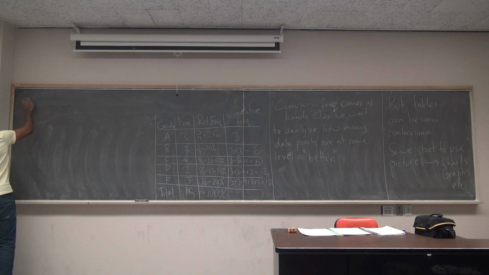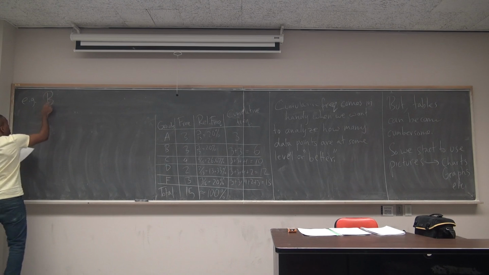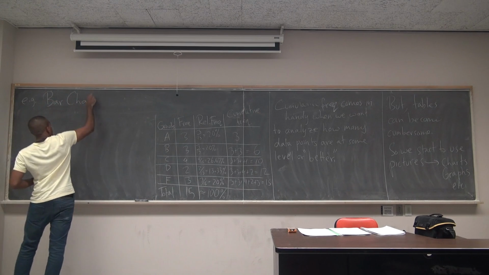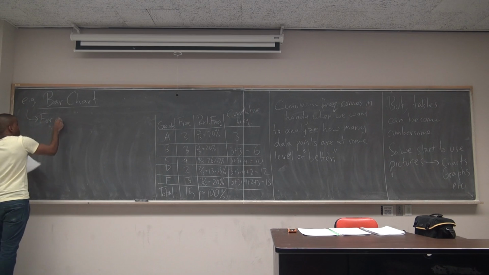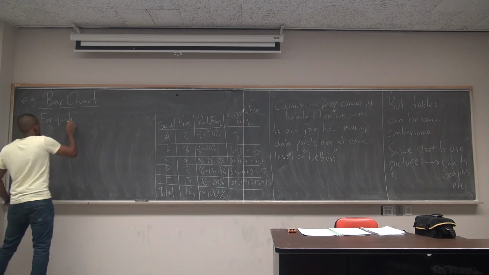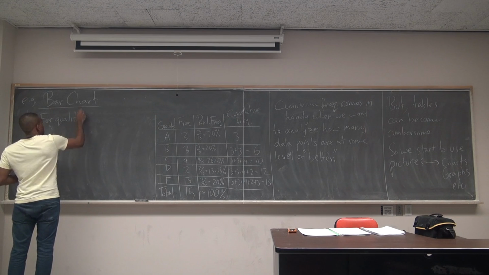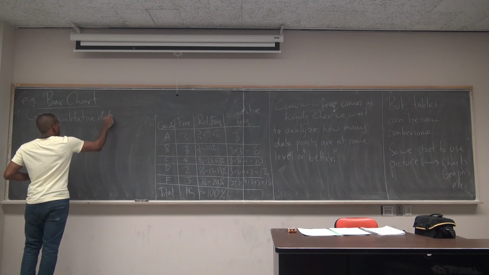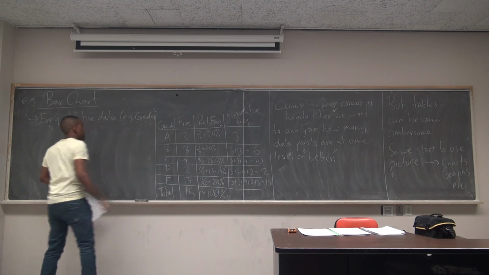So examples of some graphs, which we will be drawing in this class, so if you pay attention to it, is a bar chart. This is for qualitative data. There's another thing called a histogram, which you usually use for quantitative data. Example, grades. It's a kind of qualitative data.